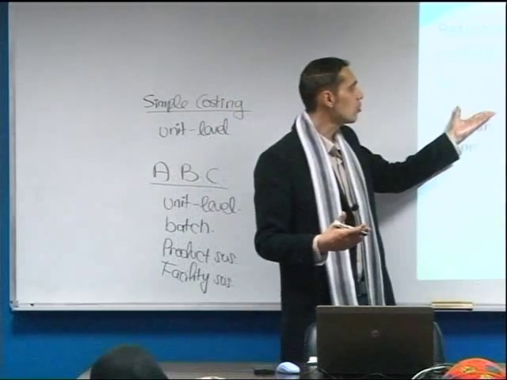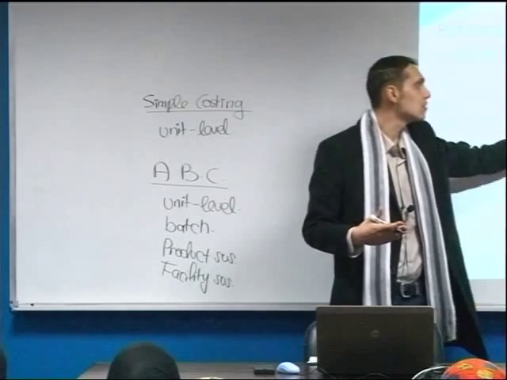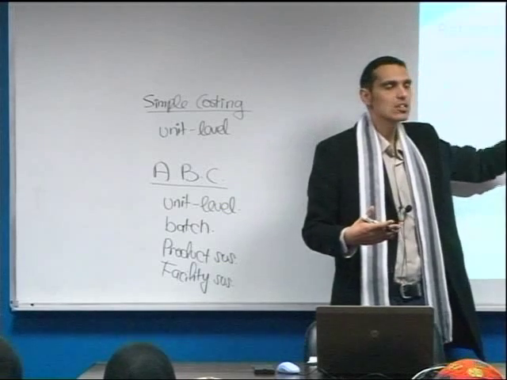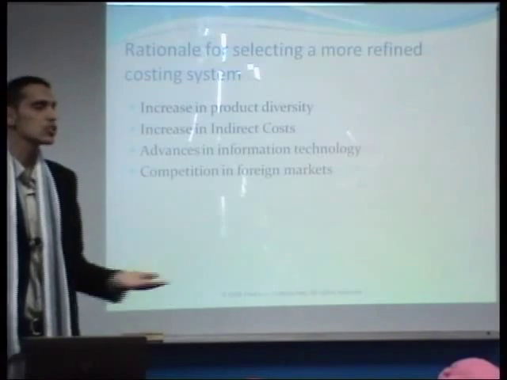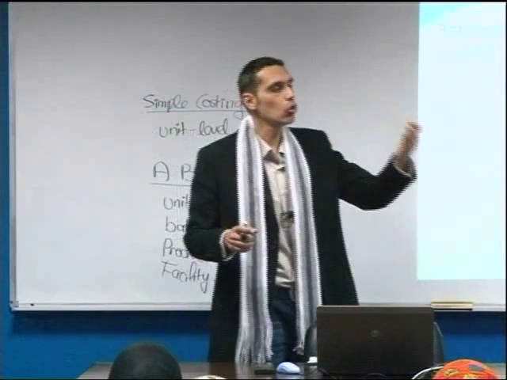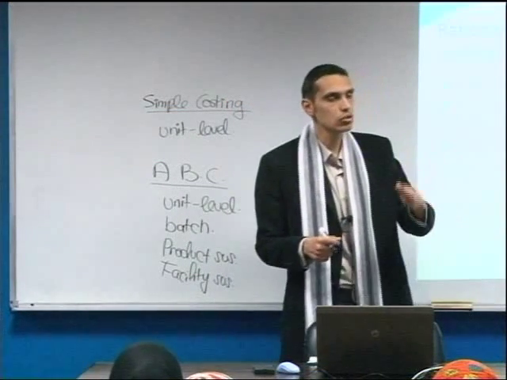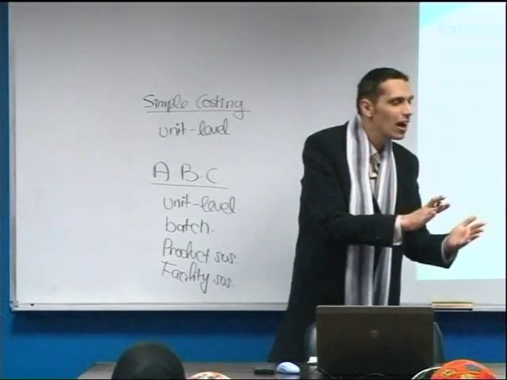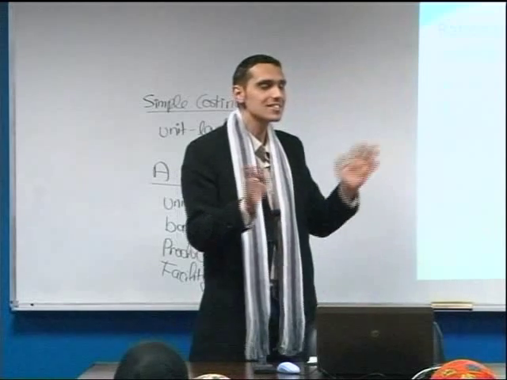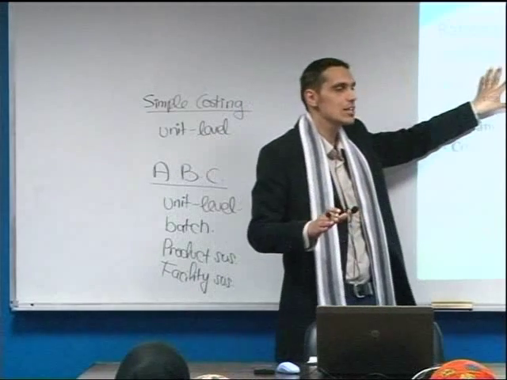Therefore, if we have an increase in the indirect costs, for instance, by the use of a new technology or automated production and so on, that means we need to go from a simple costing system onto a more refined costing system. We are not saying that we always need to use the ABC.